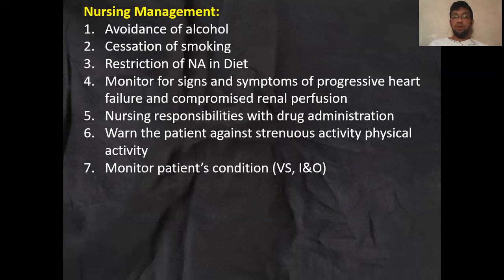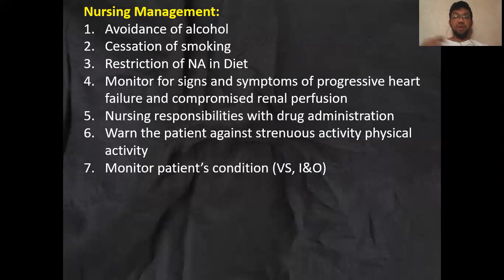So nursing interventions: we advise the patient to avoid alcohol, stop smoking, and restrict sodium in the diet. Monitor for signs and symptoms of progressive heart failure and compromised renal perfusion, since the kidneys can be affected once the patient has heart failure. There will be decreased renal perfusion as well.